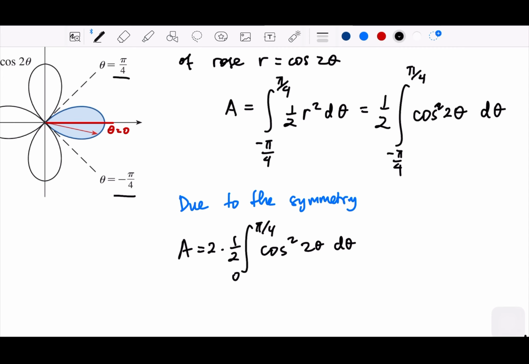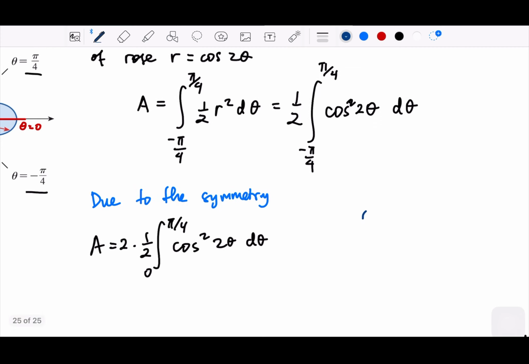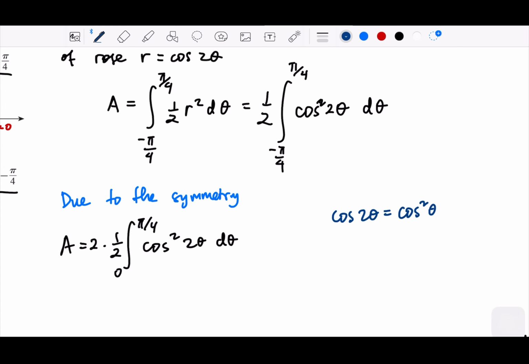Let me rewrite the formula for you. Just remember that we have this formula, and we can rewrite this as, or, so it depends on what we have.